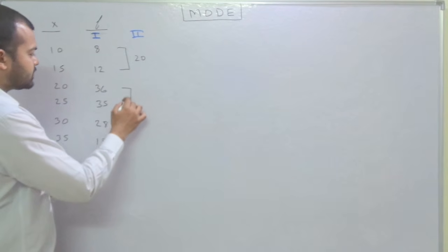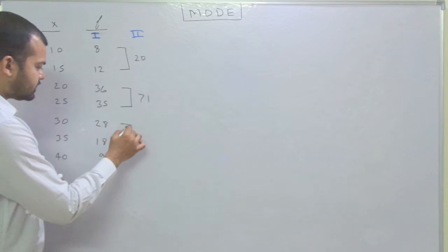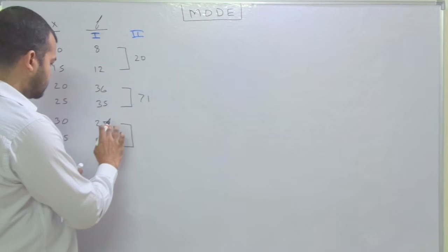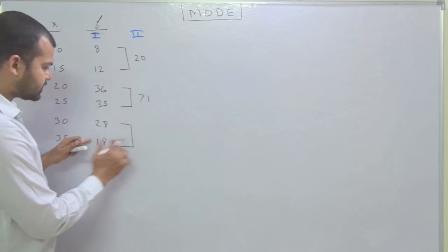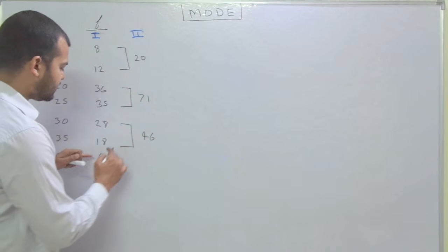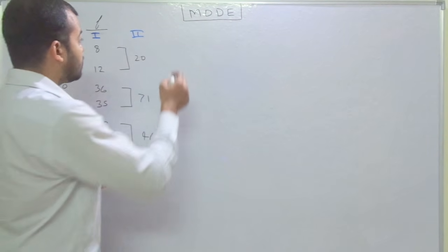Now 36 plus 35 is 71. Then 28 plus 18 is 46, and leave the last number.